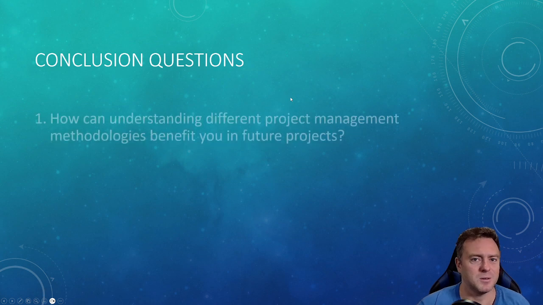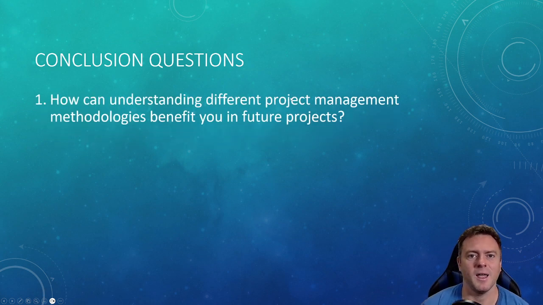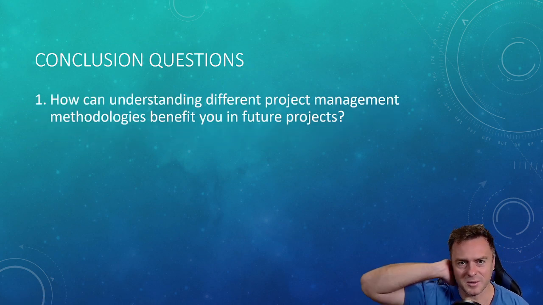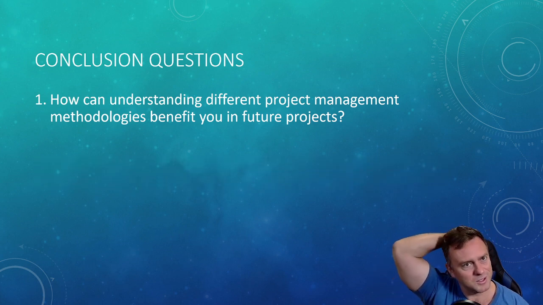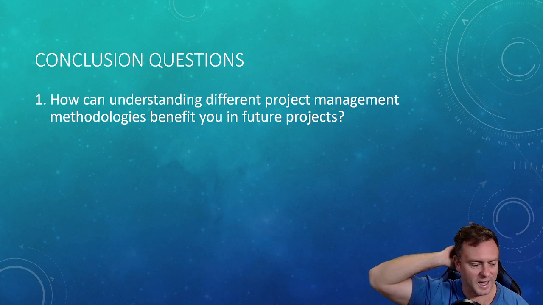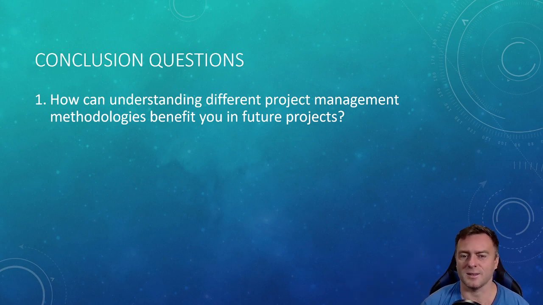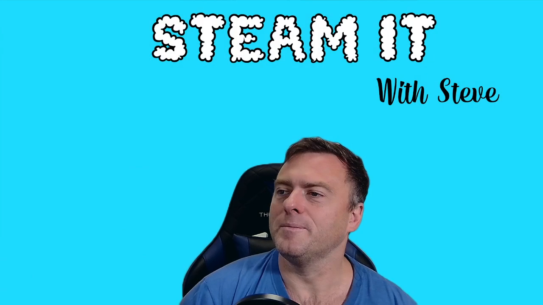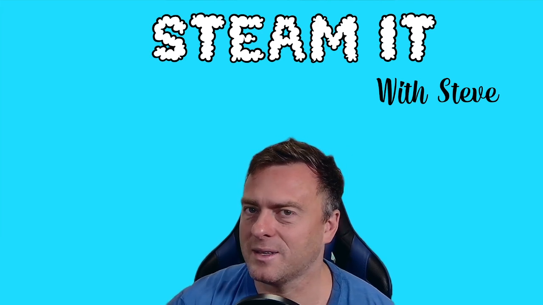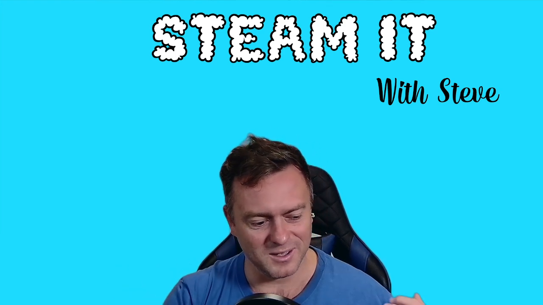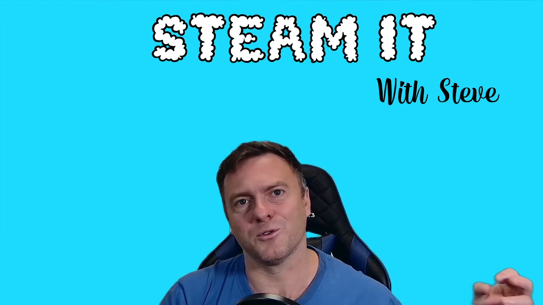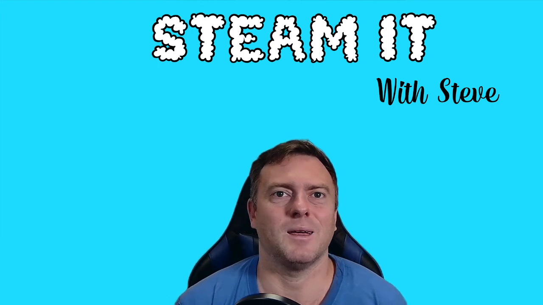But some conclusion questions you should be asking yourself: how can understanding different project management tools benefit the projects? Oops, these are old questions. The other thing you should be thinking about is how do these different languages connect? Hopefully that's given you some insight into the different languages, and some context of how Python is awesome, but also where it drew all its inspiration for how it came together.